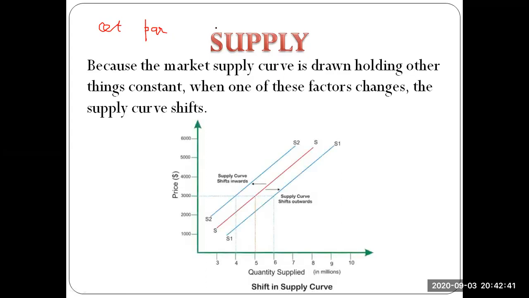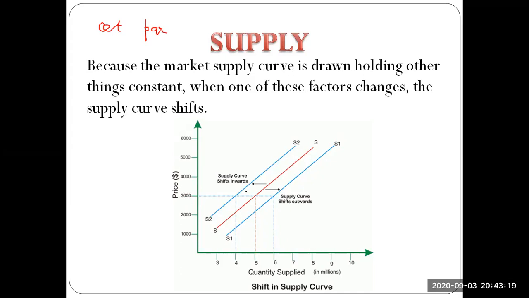So look at this diagram that I have here. I'm not going to go into the details because we had explained the concept of shifts in the demand curve, so the basic concept remains the same. Essentially, when there are changes in the ceteris paribus conditions, the supply curve shifts. As you can see here, the main supply curve is S, and at the same price point of $3,000, there might be a situation when the supply curve shifts to the right, an outward shift, to a new S1 curve.